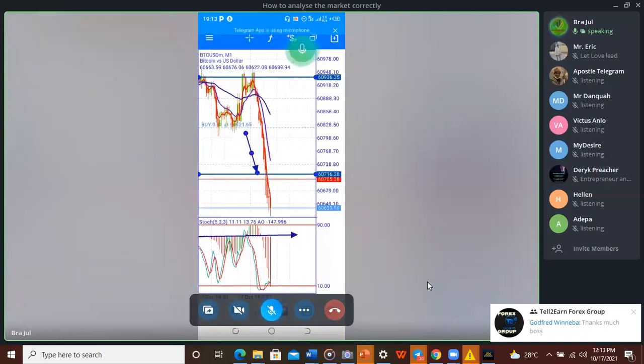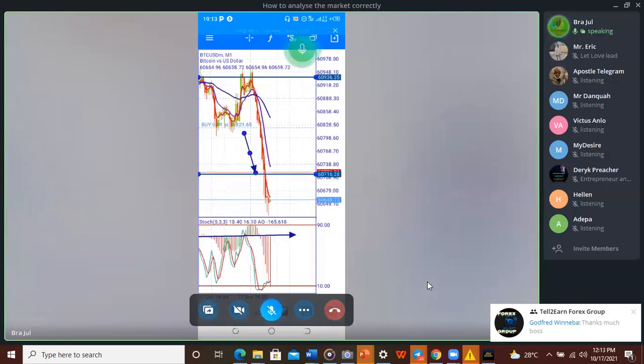But when you look at the stochastic, it has reached overbought. This is where the stochastic doesn't really have any strength. Stochastic can show you some things yet, because the moving averages are strong going down. But it's showing a sign of reversal here, because look at the candles forming at the base.